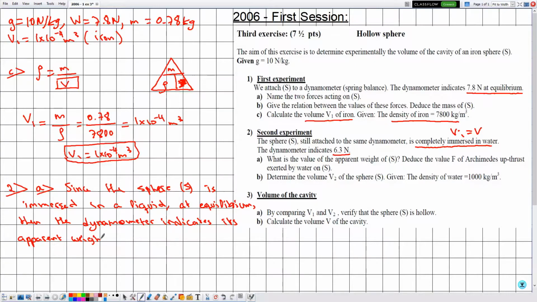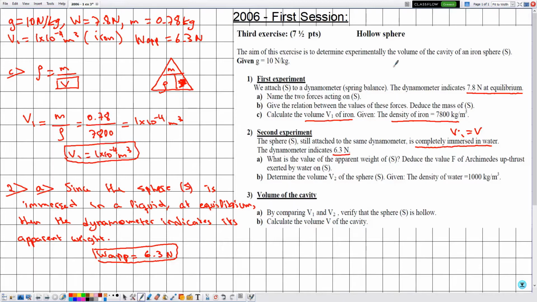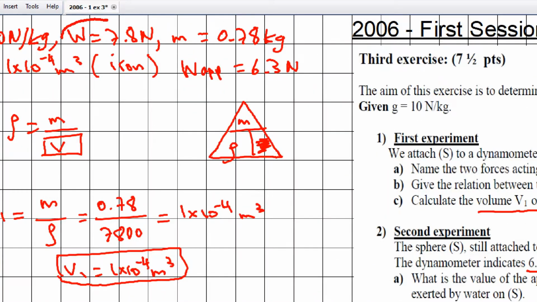So in this case, the apparent weight is given by W apparent, which is 6.3 newtons. So what does the previous weight represent? Because in the first experiment we performed this experiment in air at equilibrium, this weight represents the real weight.